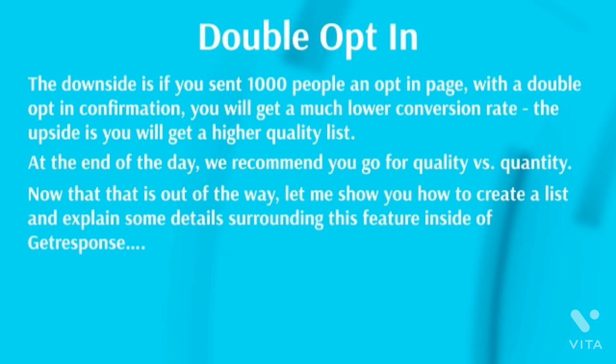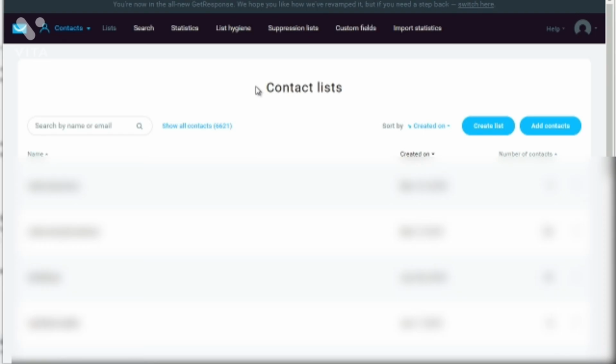So now that that is out of the way and we've talked about the fundamentals and some advanced strategies, let me show you how to create a list within GetResponse and explain some details surrounding this feature. Okay, so as far as creating a list, it's actually very, very easy to do once you understand how everything is laid out.